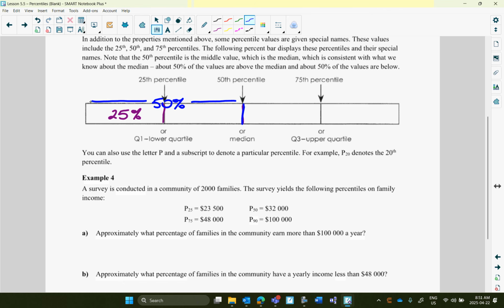So if you're at the 25th percentile, about 25% are the same or lower than you. If you're at the 50th percentile or median, 50% are the same or lower.